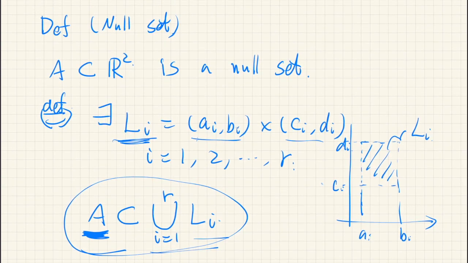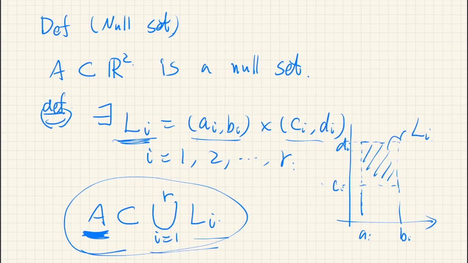In other words, the size of the null set, in this case essentially the area of this set, can be ignored. It's arbitrarily small. So that's the meaning of a null set. But it should not be confused with the empty set. An empty set is a set that contains nothing, right?